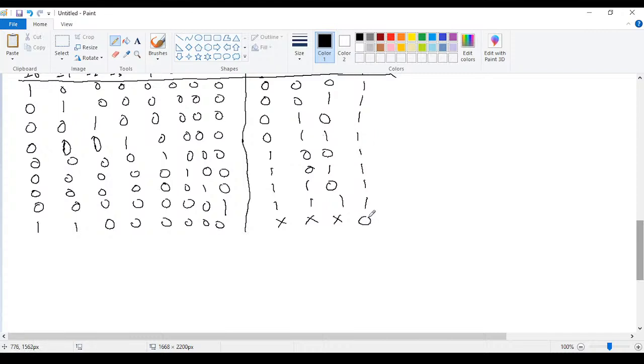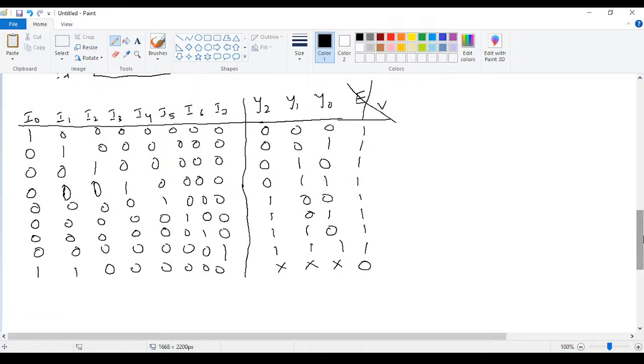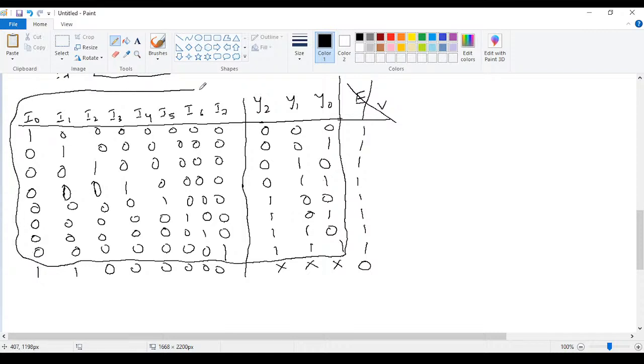For identifying that, we can make E equal to 0 or V equal to 0. Okay, for a while we take this E separately. We just take only this part for our consideration.